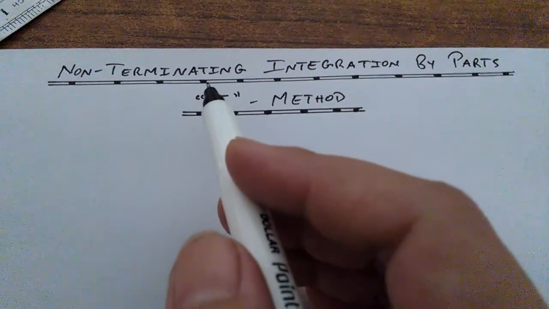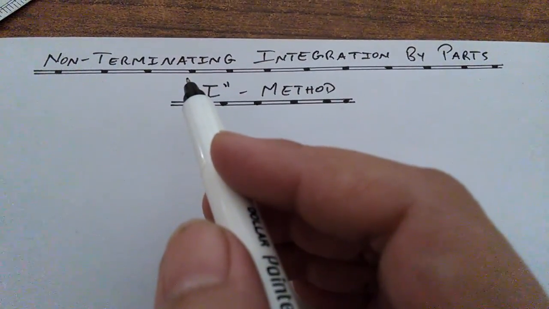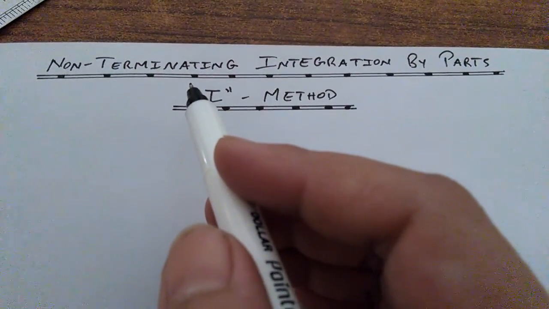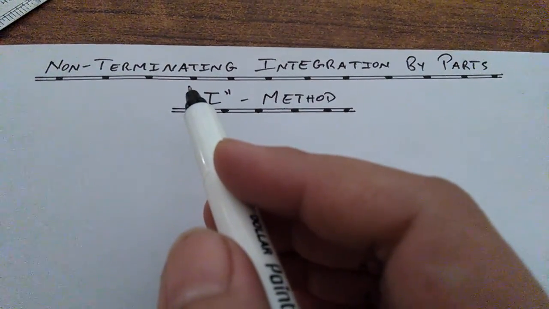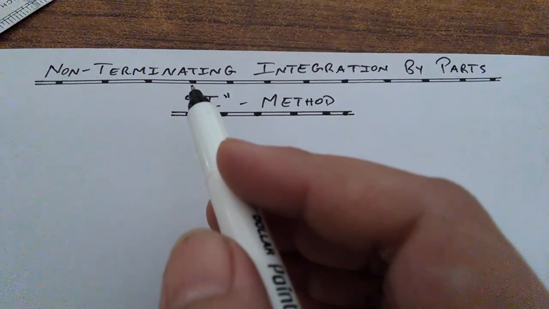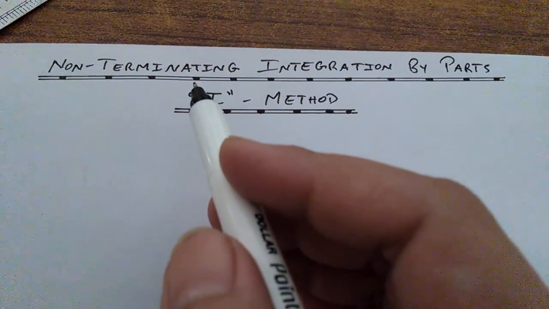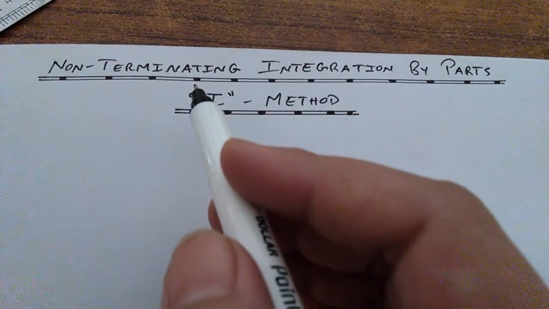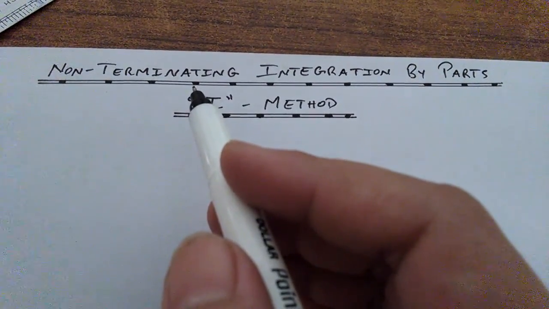In that case, I must say that the integrand involved in certain integrals is the product of two functions, and if those two functions are of such a nature that either their derivative or their integral both are representing functions which have no end, they are periodic in nature and not terminating at all.